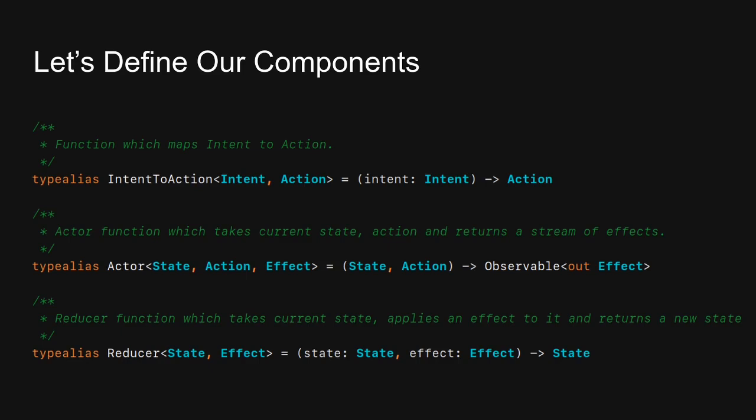It basically produces a stream of effects, not just one effect, because one action can produce many effects, like a loading effect and then a loading completed effect or an error effect. And then we have the reducer function. The reducer function takes the old state and the effect and then produces a new state. That's how I define it in Kotlin.